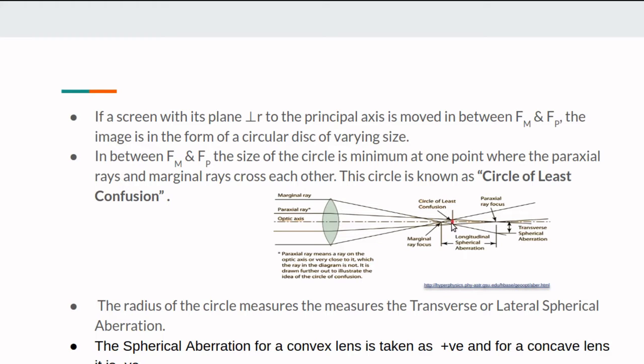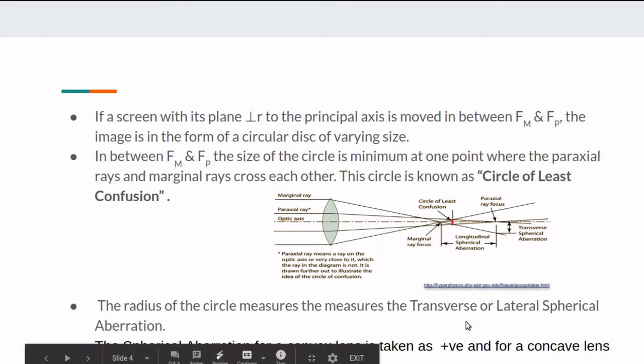That is the nearest image to the point object. Therefore, this is known as the circle of least confusion, the minimum area of circle, shown in this figure. The radius of the circle of least confusion measures the transverse or lateral spherical aberration. That means it is observed perpendicular to the principal axis.